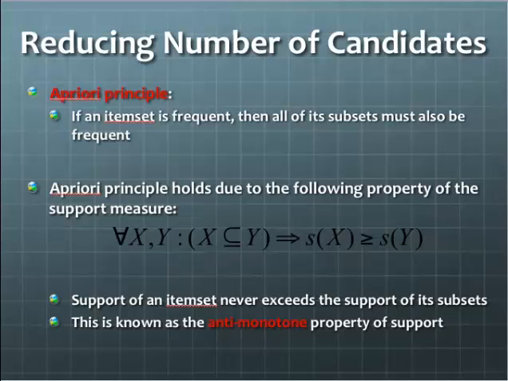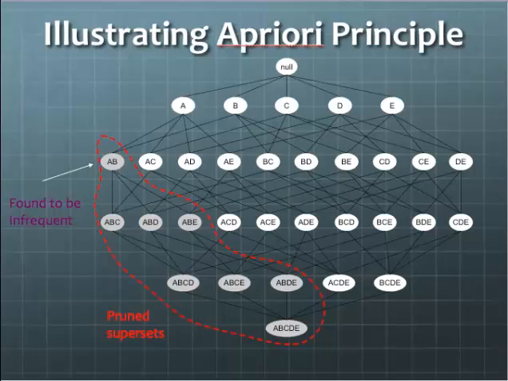To illustrate the idea behind the Apriori principle, let's consider the example shown here. For the item set lattice shown in this figure, suppose the item set C, D, and E is a frequent item set.